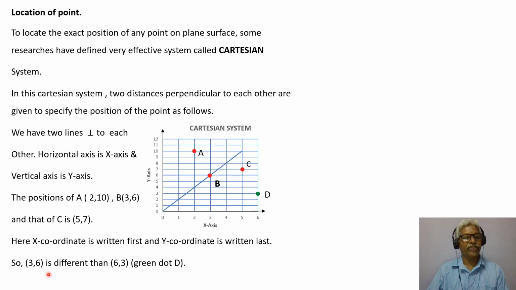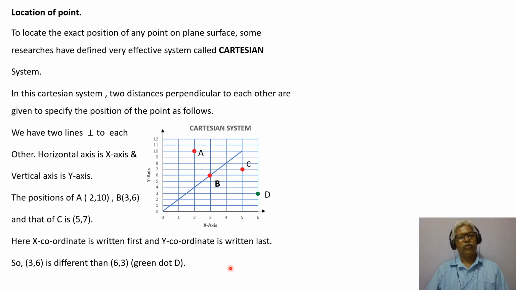So (3, 6) is different from (6, 3). (3, 6) is B, and (6, 3), 6 on this axis and 3 on the other, is that green point D. So we know B is (3, 6), but (6, 3) is different from (3, 6). That is what I'm trying to emphasize. So do write x first and y last.